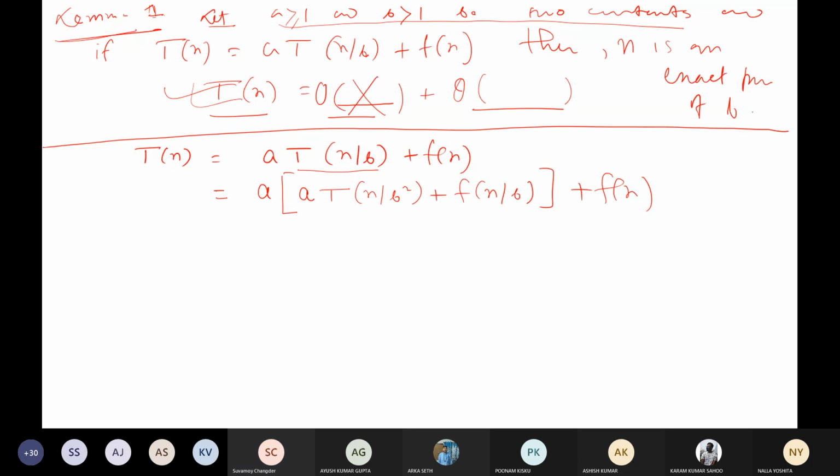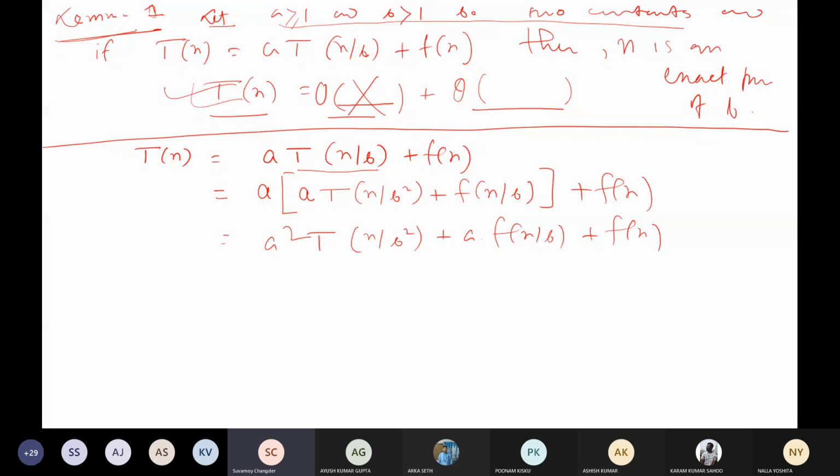So if T(n) is equal to this, in the next iteration what will we get? We will get a² T(n/b²) plus a·f(n/b) plus f(n).